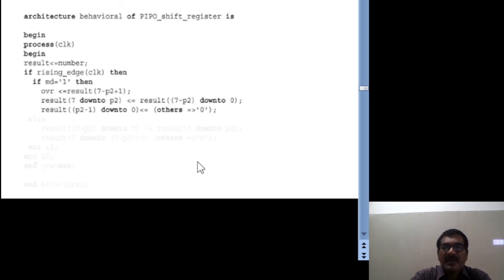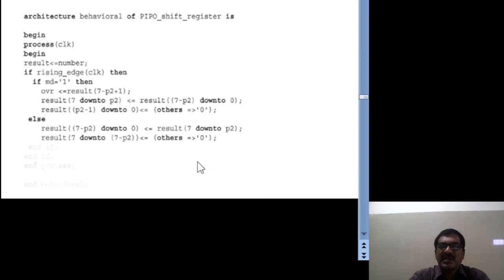And if the MD value is equal to 0, you have the division. In the division case, the shifting is like this. The result of 7 minus P2 down to 0 will be assigned with the result of 7 down to P2.